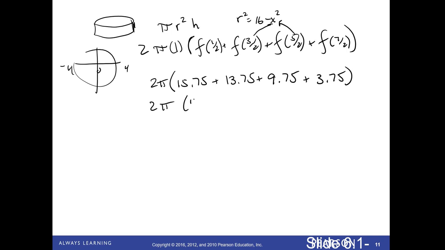So I have 2 pi times 43, which is 86 pi, or approximately 270.176. So that's my volume of a sphere, found by using slices and approximation. Okay, let's see what else we can do here.